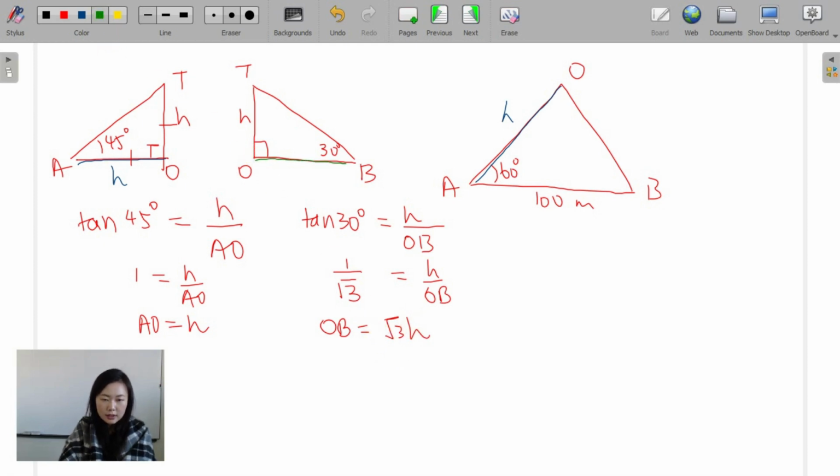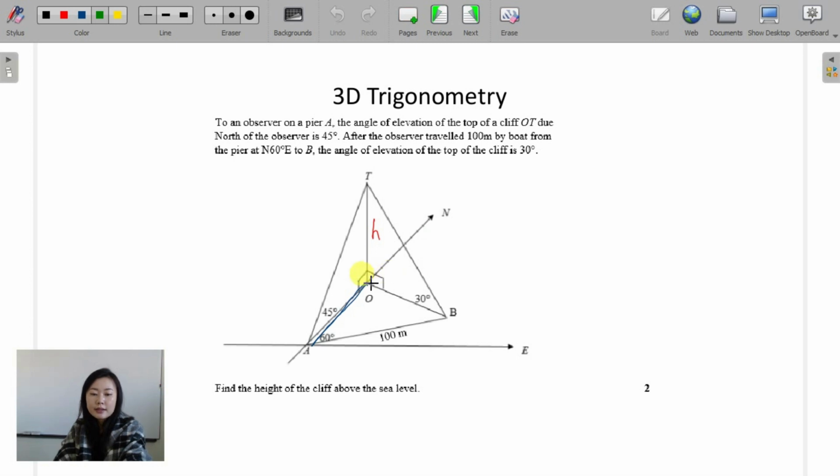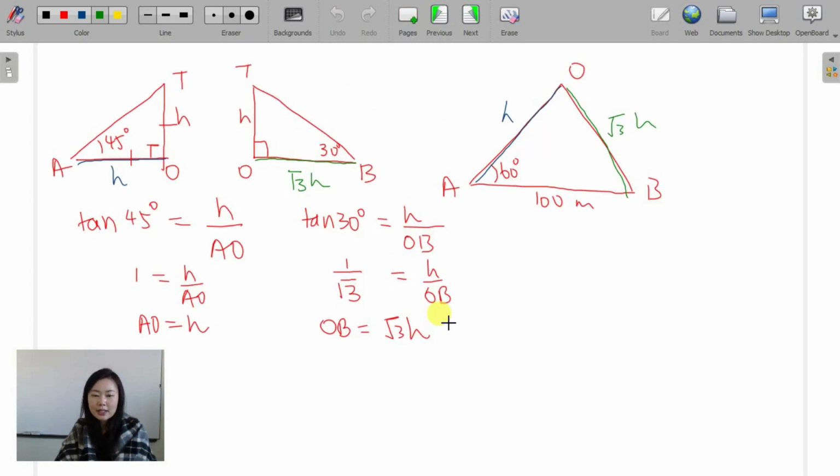So OB is root 3H. Now come back to the diagram. That's the side I'm talking about. It's a shared side, so they are the same thing. Once you've worked on the shared sides, that's always your starting point. Look at the right angle triangles, work out the shared sides, and then link it all together on the bottom using cosine rule usually.